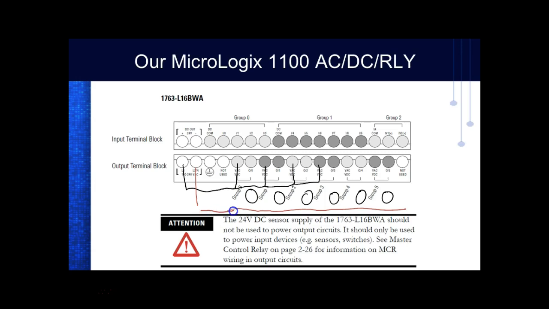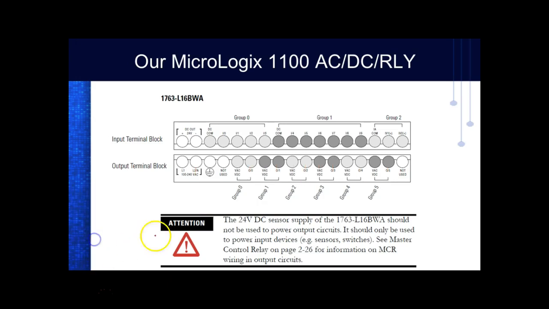I'd bring the neutral down here and hook it there. Right? And then my outputs would hook up here, here, here, here, here. Is this sinking or sourcing? Neither. It's AC. On AC, we always use the neutral for our common, and then we use L1 for our output.